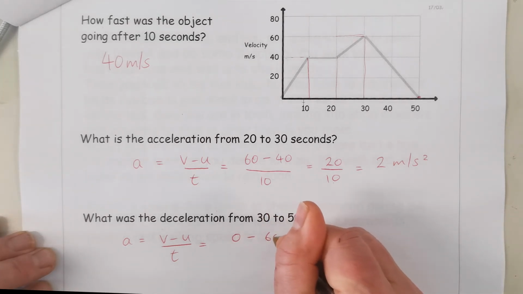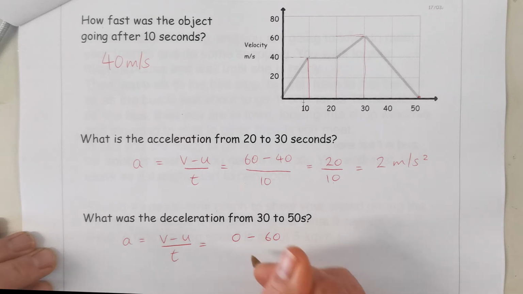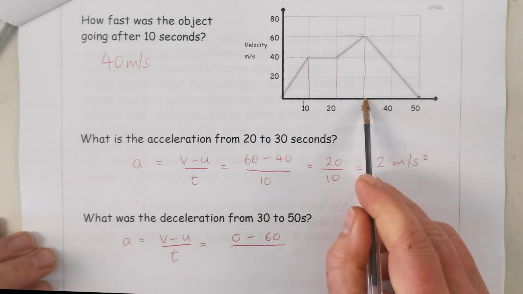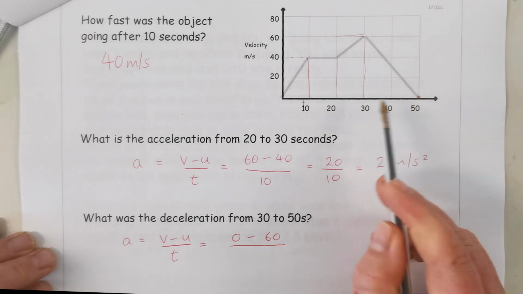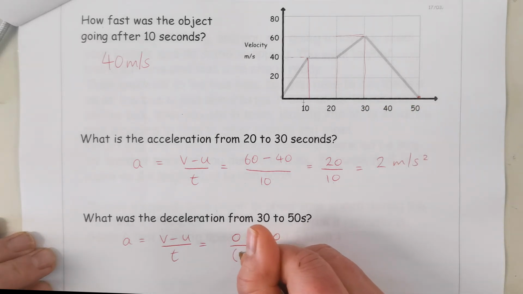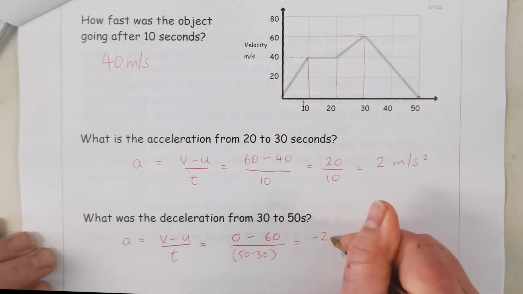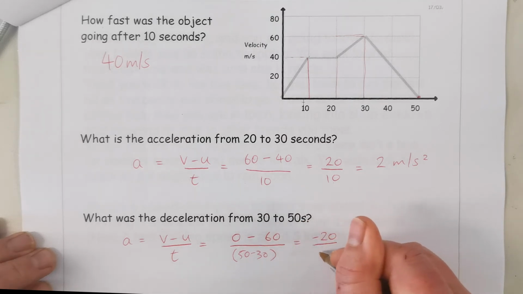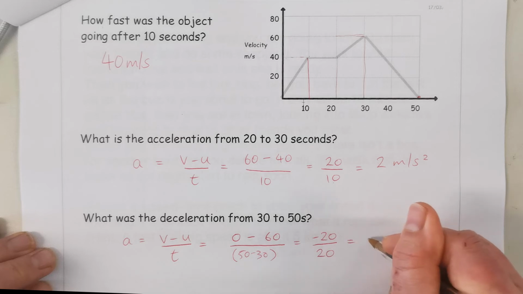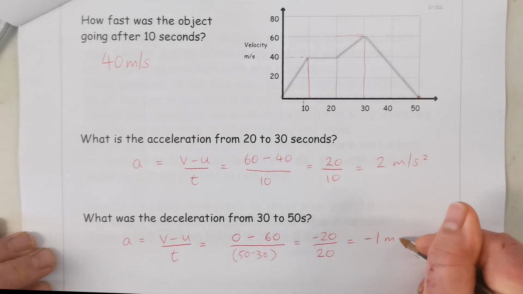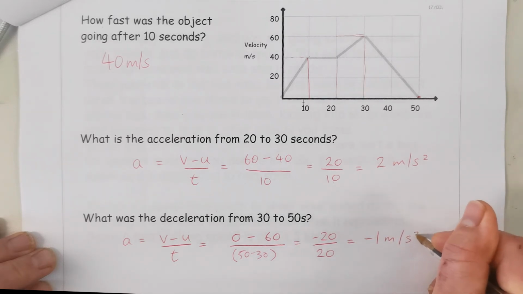Well, it's 0 minus the initial velocity, which is 60. And we've got 20 seconds here. It's 50 minus 30, so it's minus 60 divided by 20, which is -3 meters per second squared.